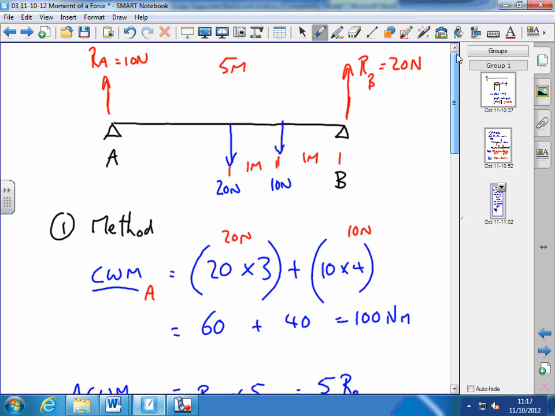So I'm going to start off by saying anti-clockwise moments, which is RB, sorry, times 5 meters.